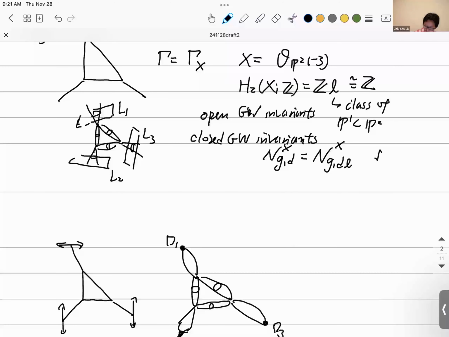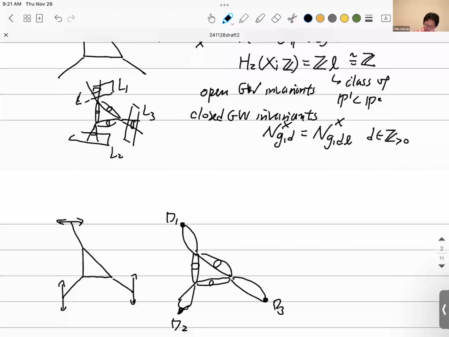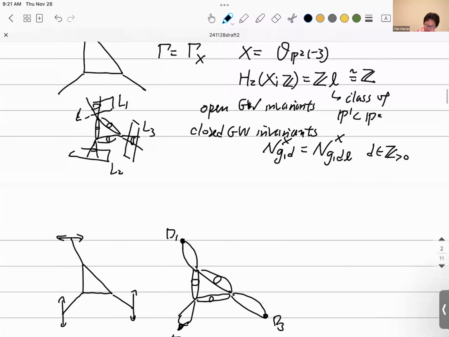Let's consider a non-constant map, then it is some positive multiple of the generator. So we can consider degree: for each non-negative integer g, and for each positive integer d, we have the genus g degree d Gromov-Witten invariant of this total space O(P2) minus 3.